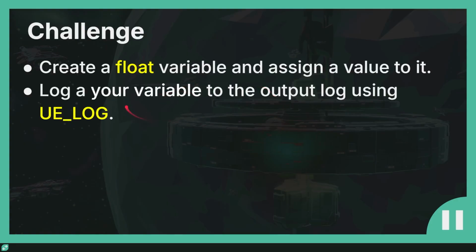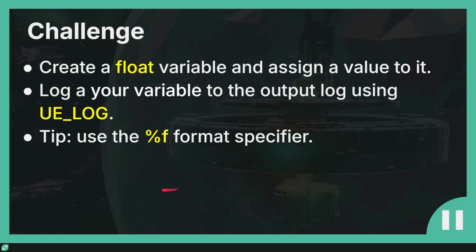After that, I want you to log it using UELog, and as a tip, you need to use the %f format specifier in this case because it's a float. So follow the exact same pattern I showed you with the integer, but this time you're going to create a float instead of an int, and you're going to use %f instead of a %d. Go ahead, give it a shot, and come back when you're done.